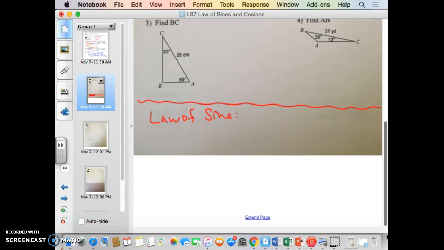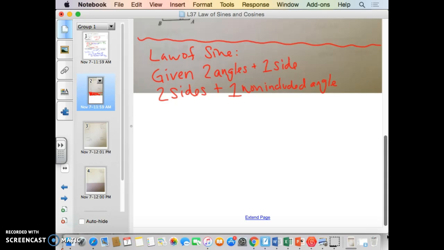So law of sine is used when you're given two angles and one side, or when you're given two sides plus one non-included angle. All right.